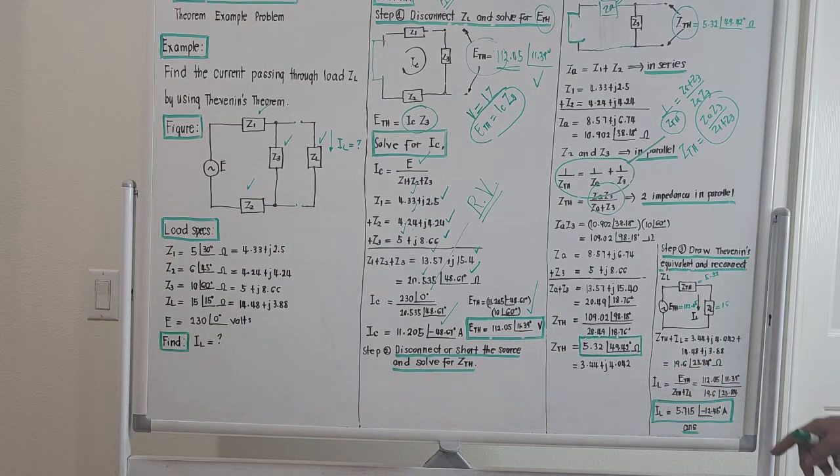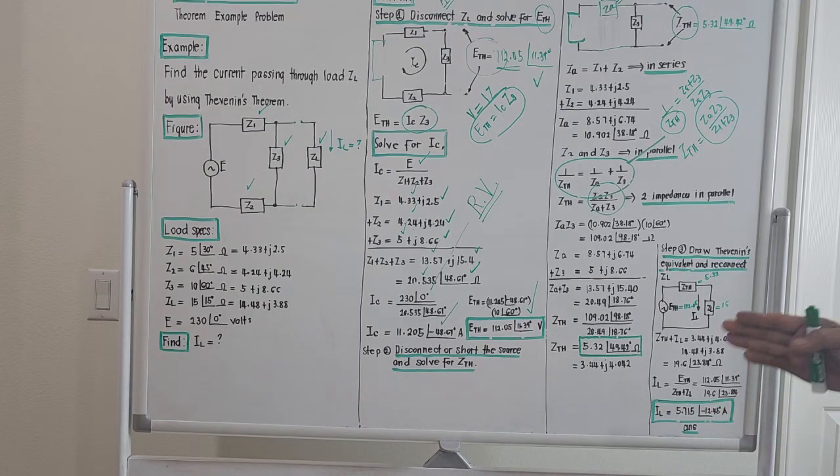The magnitude is 112.05 over 19.6, and the resulting current passing through the load will be 5.715. The angle will be 11 minus 23.84. The angle will be negative 12.45 degree amperes.